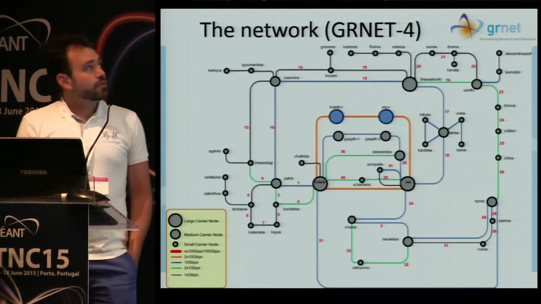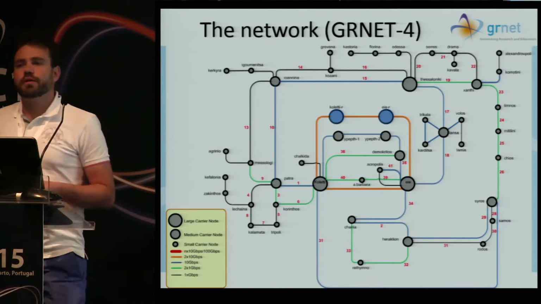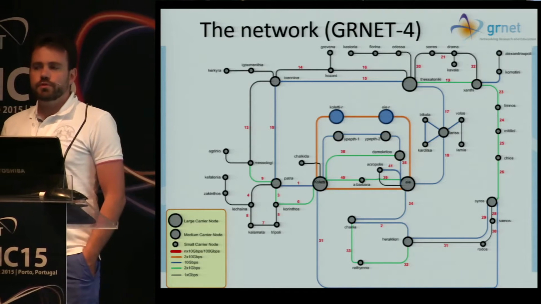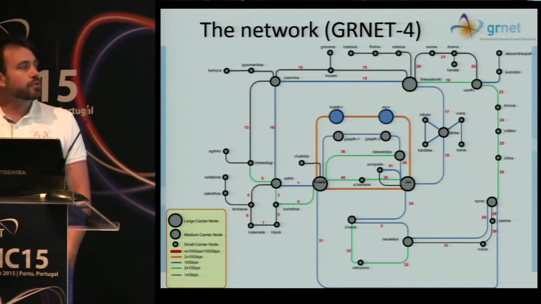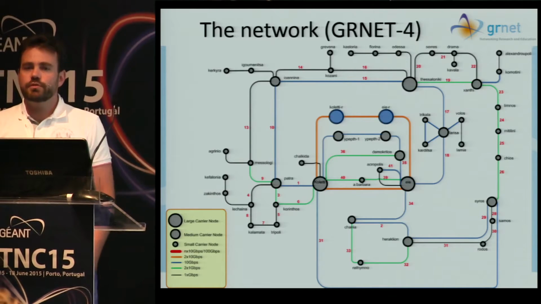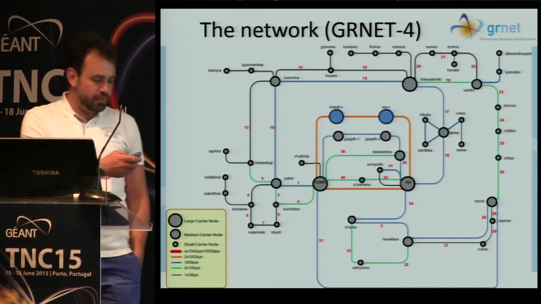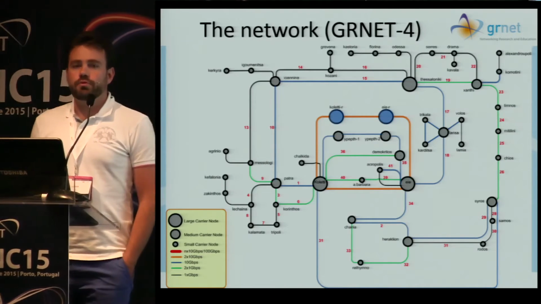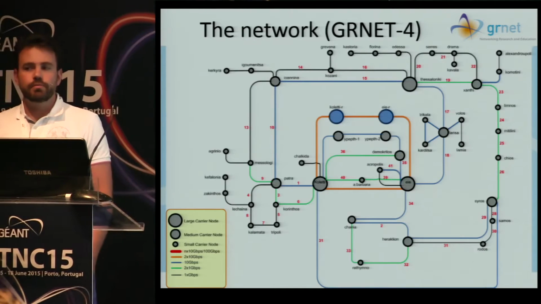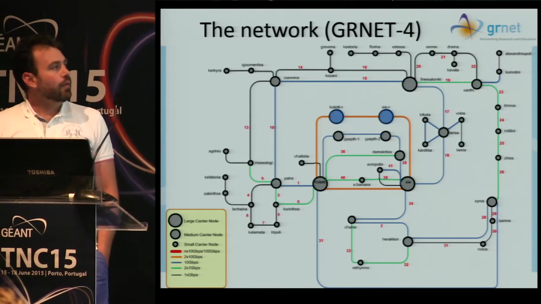Just a few introductory slides. We are running the fourth iteration of our network, which is called GRNet 4. The major difference compared to the previous networks is the fact that all the bullets that you see in this map are now routers, so no more switches exist at the backbone. I will come back to this later on.